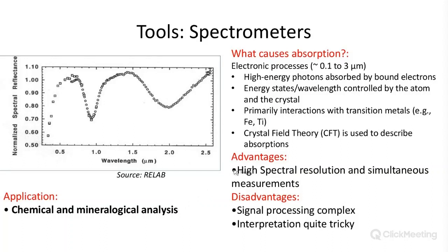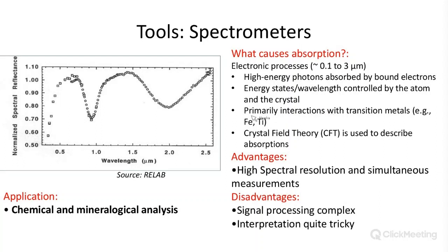In the near infrared wavelength range, the main dominating processes which cause absorption are electronic processes, that is, high energy photons absorbed by electrons, and these energy states or the wavelengths are controlled by the atom and the crystal structure.